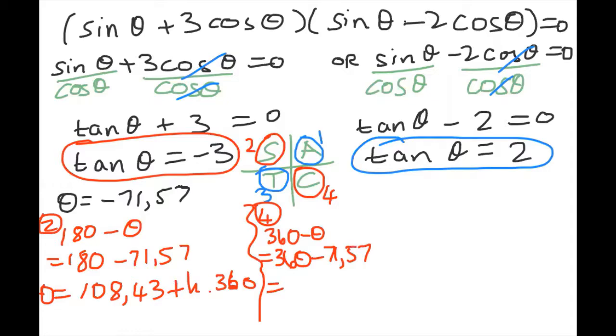And that is 288.43. So 288.43 plus k times 360, etc. So that's the one answer. Theta equals 108.43, and the other one is 288.43.